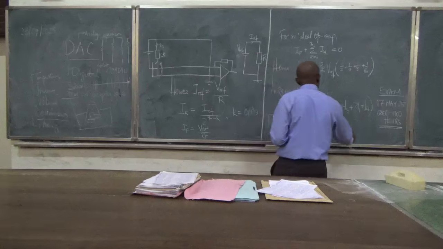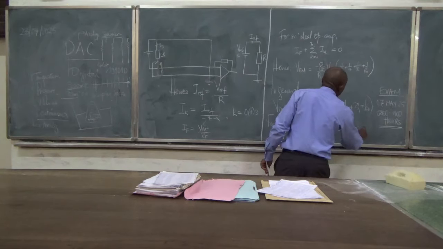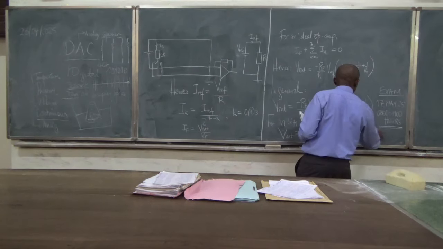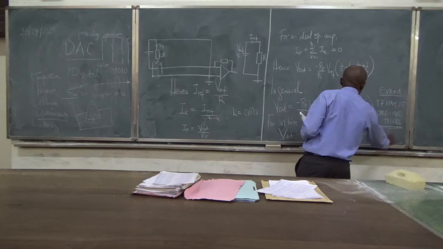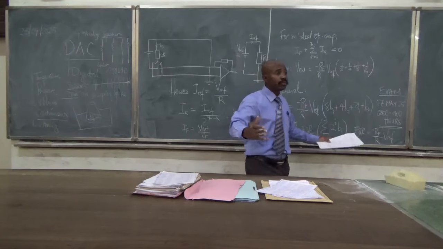And this is the full scale range here, which is the same as minus RF over R times V reference, where FSR is the full scale range.